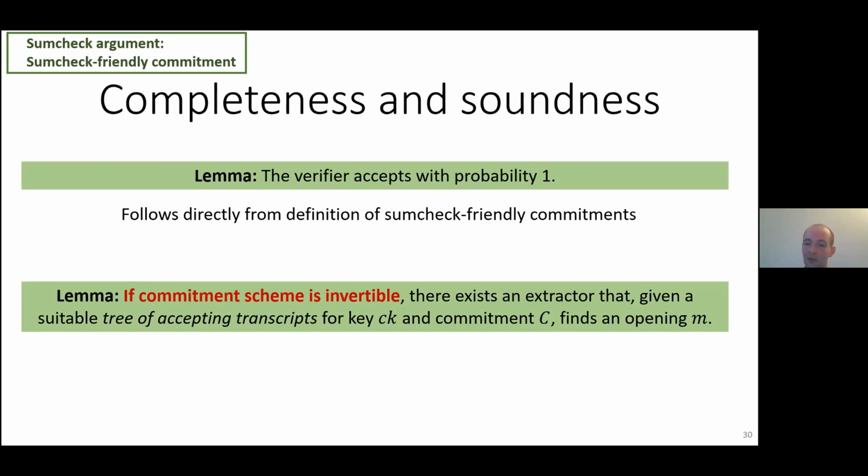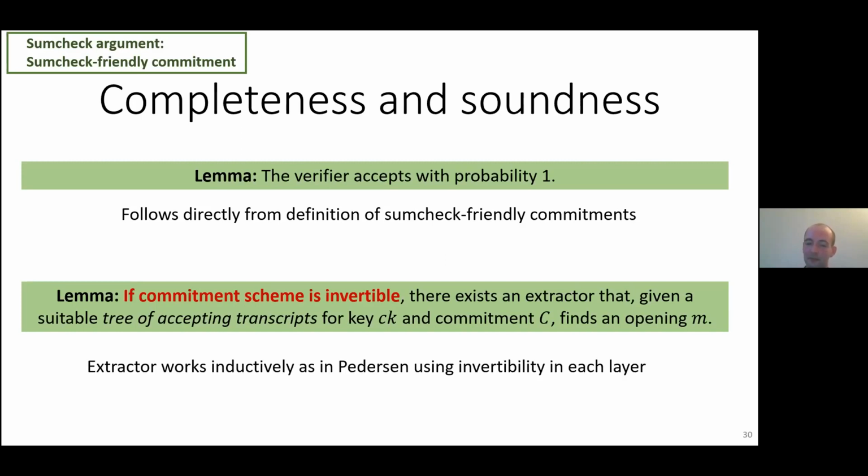Whenever a sumcheck-friendly commitment scheme is invertible, we're going to be able to take a tree of accepting transcripts for the sumcheck argument on the previous slide and find an opening message which opens the commitment C. So the high-level strategy is to work inductively, just like with the Pedersen commitments. And instead of using this linear equation solving, which we knew we could do for Pedersen commitments, we're going to invoke this abstract invertibility property at each layer of the tree.